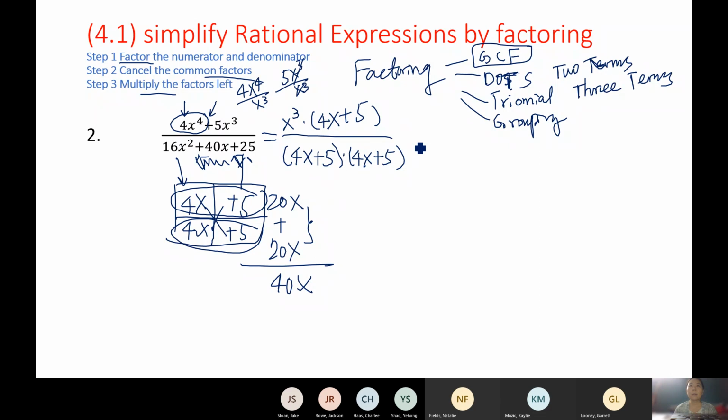That's our first step. The second step is to cancel common factors. Notice that they all have 4x plus 5 in common. That's a multiplication, which makes them factors. And there's nothing to multiply after we cancel the common factors. So that's just the final answer.